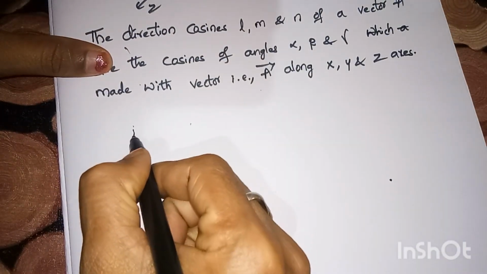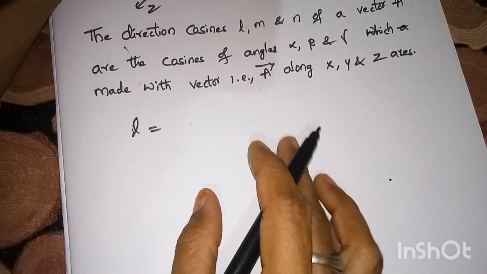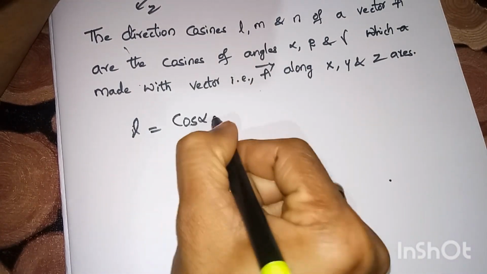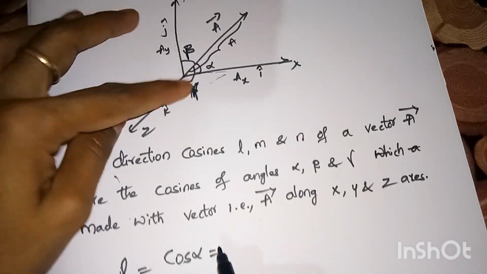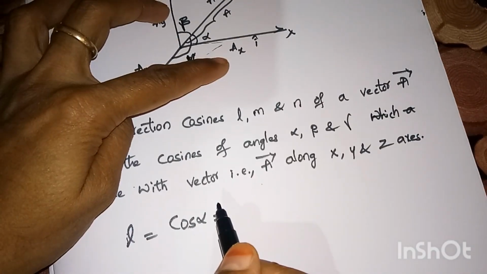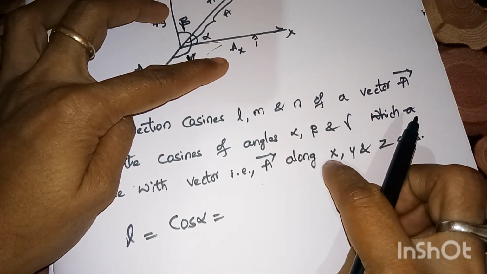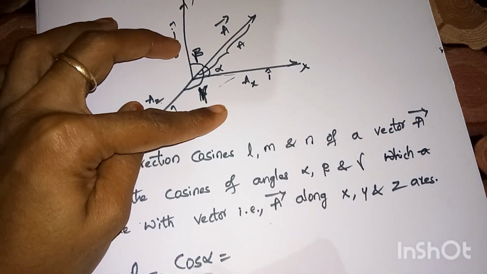How can we write the direction cosines here? L is the direction cosine for the angle alpha. Here alpha is the angle made by the vector A bar with the x axis. So what is cos alpha?